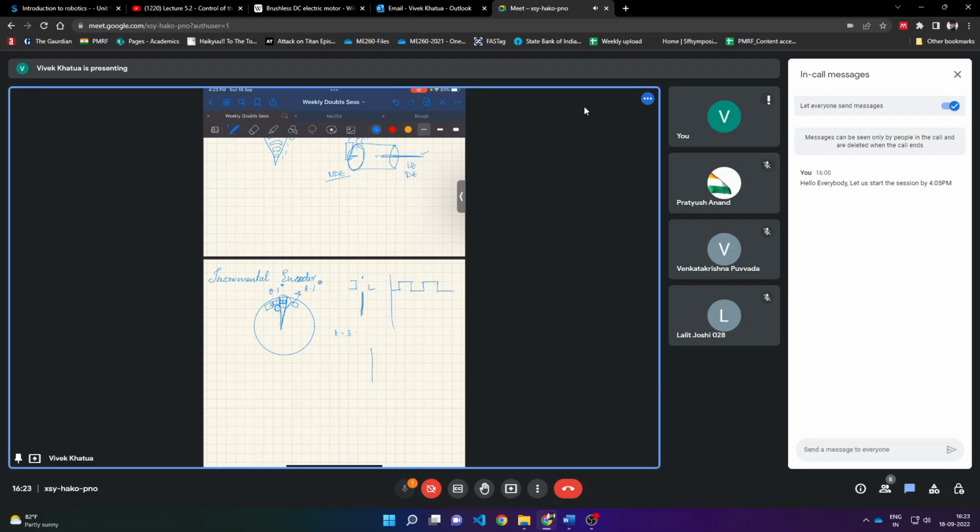So in 3 seconds, if you are getting 4 pulses, one pulse is 0.2 degrees. So 4 pulses will be 0.8 degrees in 3 seconds. You can do the math, that will come out to be about 0.2, 2 by 3, 6 degrees per second.